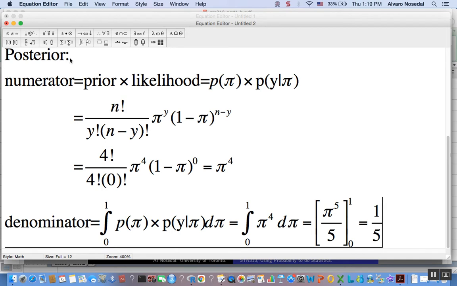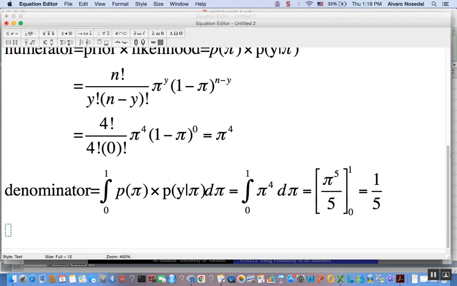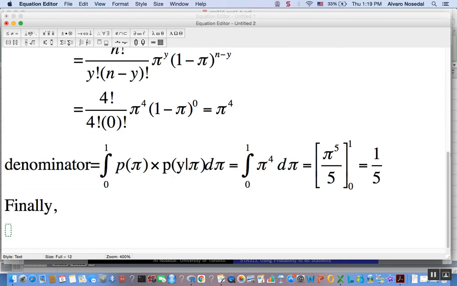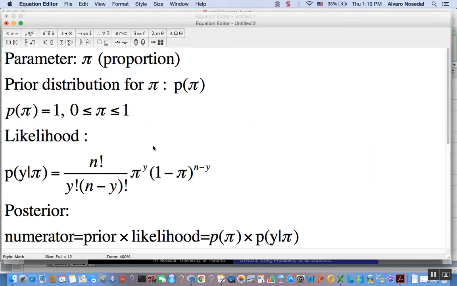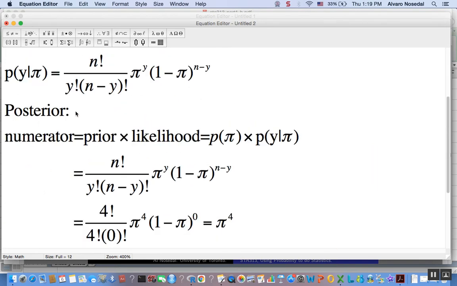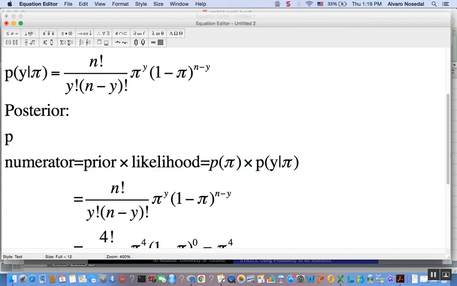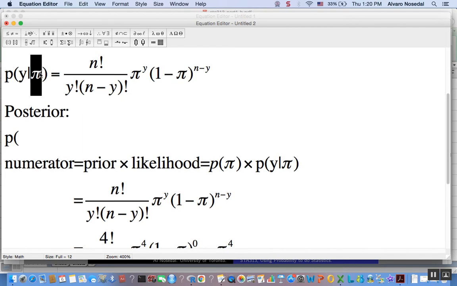So our posterior is just going to be numerator divided by denominator. Finally, our posterior distribution, using the notation that we had before, is the probability of pi given our sample.